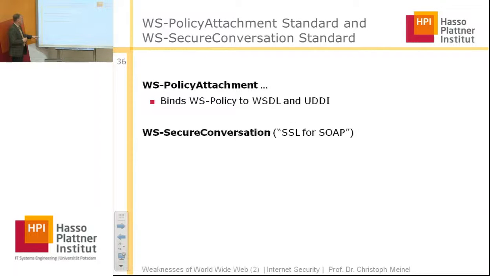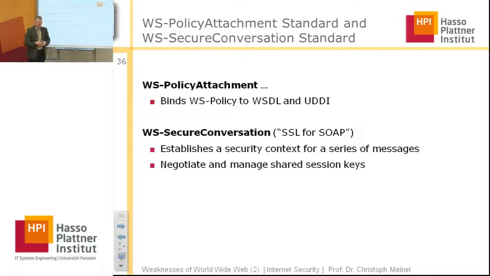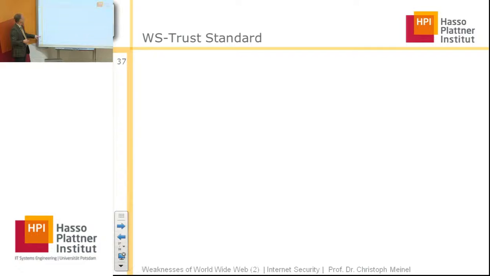The web service secure conversation provides something like an SSL over the SOAP protocol. So the idea is to establish a secure context for a series of messages to negotiate and manage the shared session keys and others.